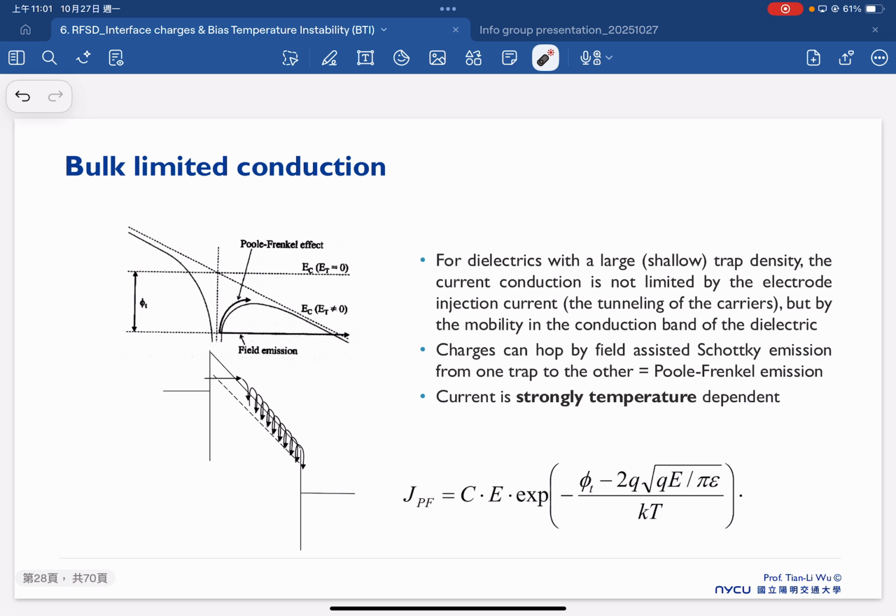And we also have another issue that we call bulk-limited conduction. That's because if our dielectric has a large but shallow trap density, so a huge amount of defects, then these defects can form very shallow traps in this region, and therefore our electrons can be conducted from left to right by going through these shallow traps.